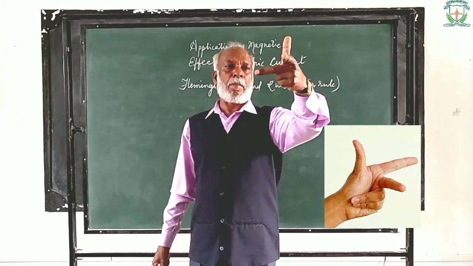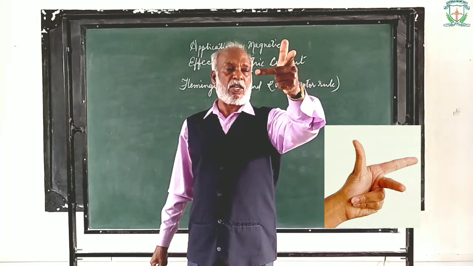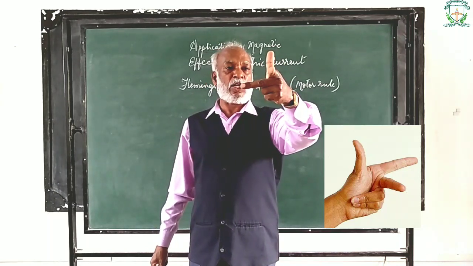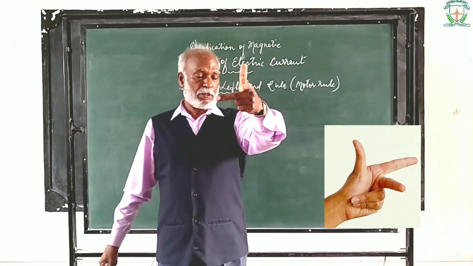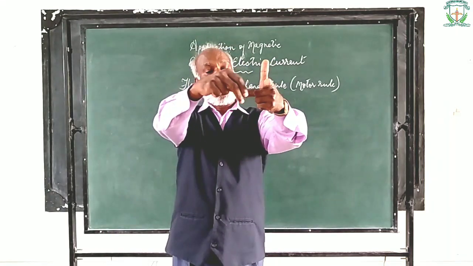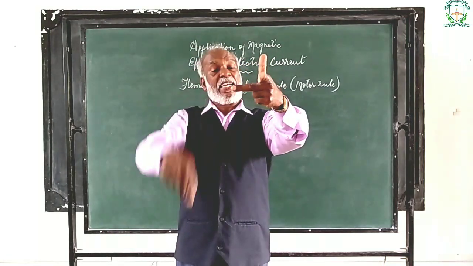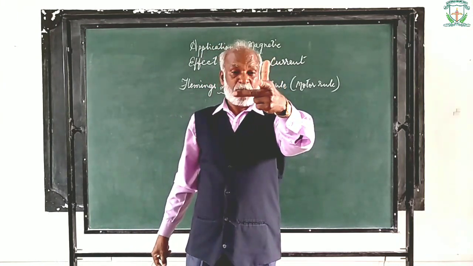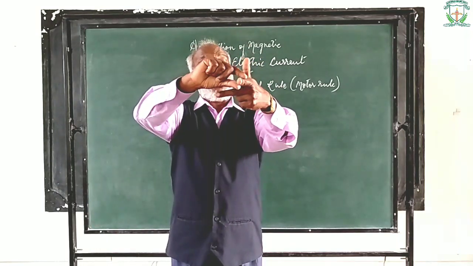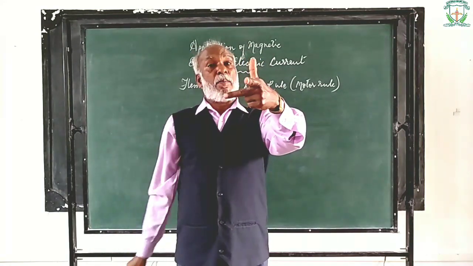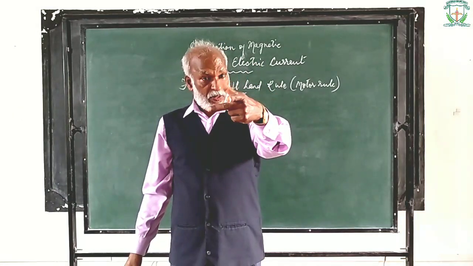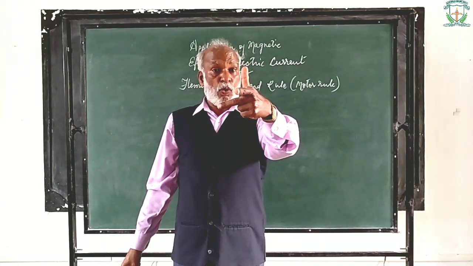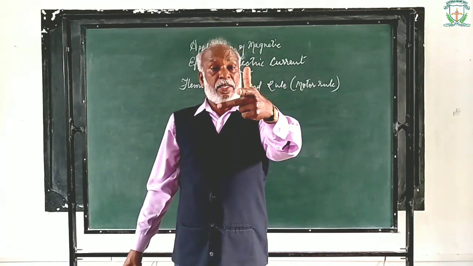Three fingers, that is thumb, forefinger and middle finger of the left hand, if held mutually perpendicular to each other, such that the middle finger shows the direction of the current in the conductor, the forefinger shows the direction of the magnetic field, then the thumb shows the direction of the mechanical force acting on the current carrying conductor.